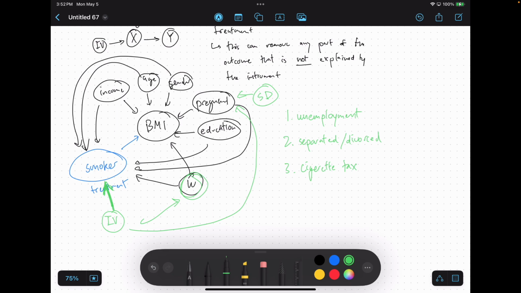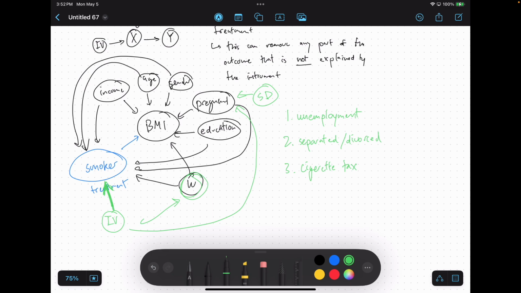So the idea is actually, if I can regress whether or not you're a smoker on cigarette tax, right, then I can see how much this part changes only due to the instrumental variable, and then observe the changes to BMI in that way.